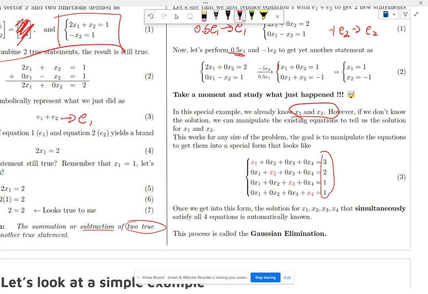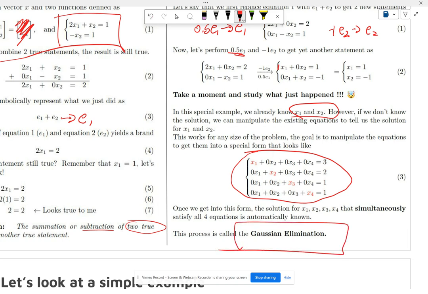You know what they are right here, these values. So that is the name of the game: how do you manipulate the equations until you reach something like this? And this essentially tells you the solution. This process of continually manipulating the equations is called Gaussian elimination.